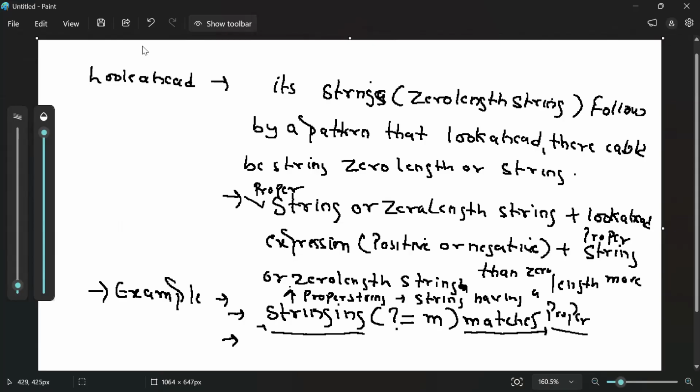Another example, either it could be only the expression M, so here zero length, and here also zero length.